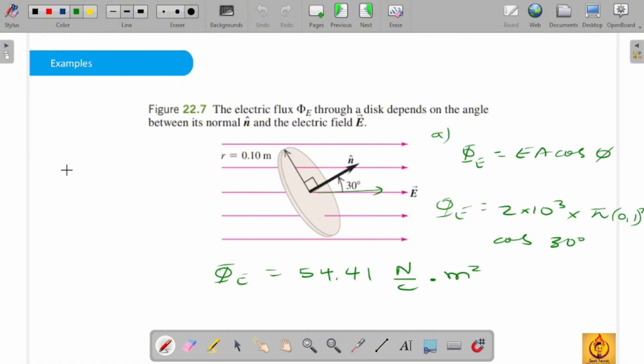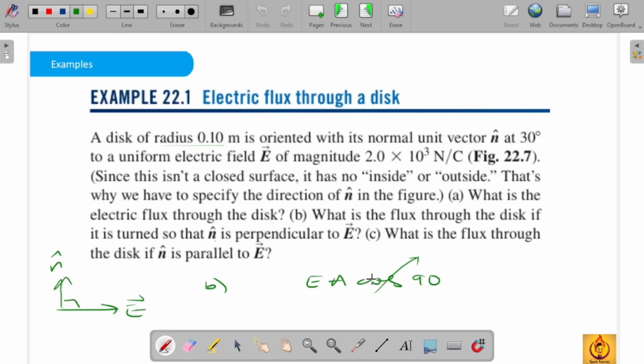But actually what they are saying, hey, mute your mic. If they are saying electric field is perpendicular to the disk, this is when it's at its maximum, because the electric field and the normal are in the same direction. So this is how they like to treat us. But we already know that they like to do that. They can't do it this time around.